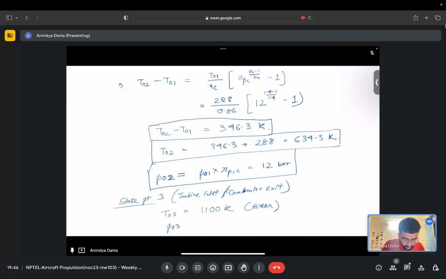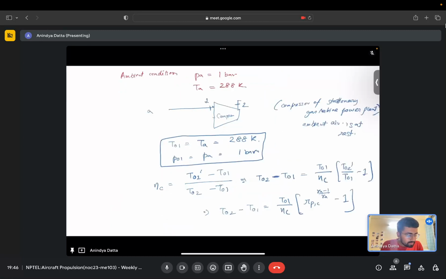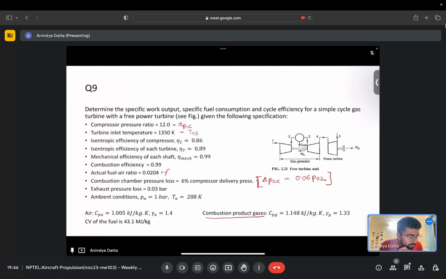Now if you remember, this is a real cycle. If it was an ideal cycle, the pressure at combustor exit would be equal to the pressure at combustor inlet, because we assume in an ideal cycle it is a constant pressure heat addition. But in this case it is a real cycle, and as we have seen in the given problem, there is a pressure loss in the combustion chamber, which is 6% of the combustor delivery pressure, or 0.06 P02.